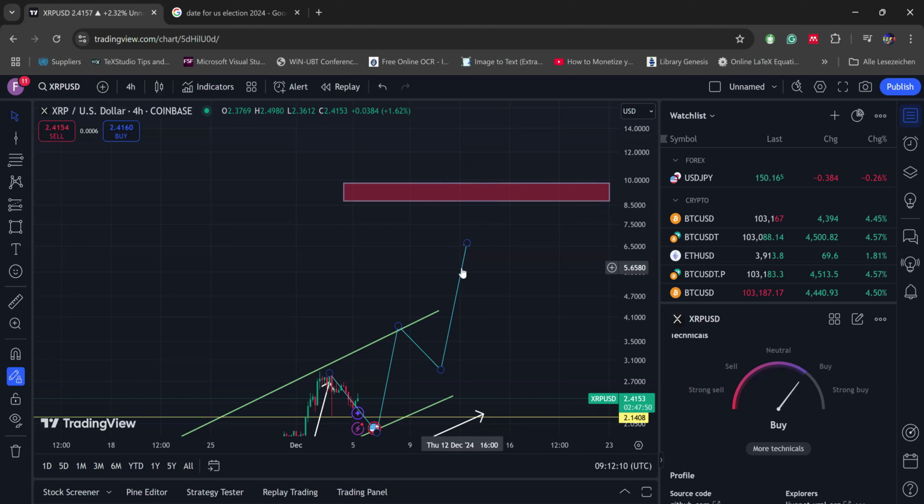It means the price is going to move all the way up into this zone. If the price currently is 2, then you're almost at 10 times profit. If you invested $100, you'd have $1,000. But remember that it's not going to go up forever.